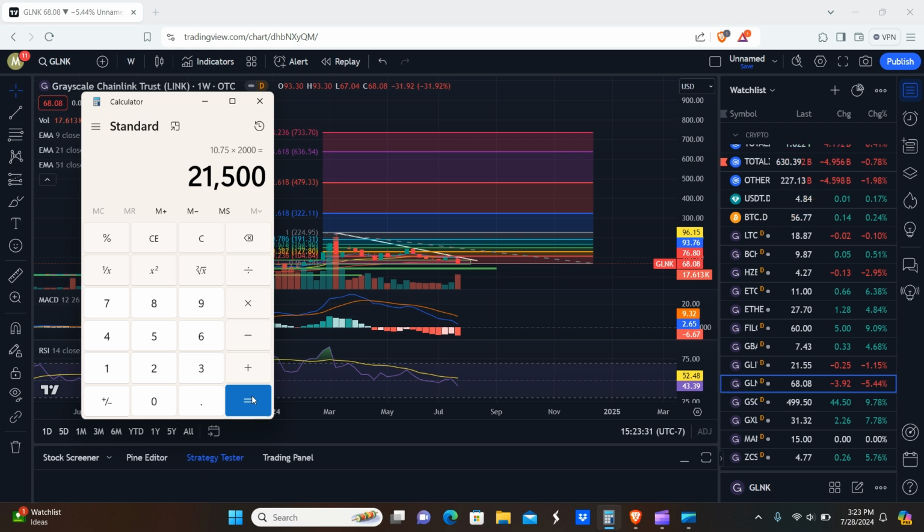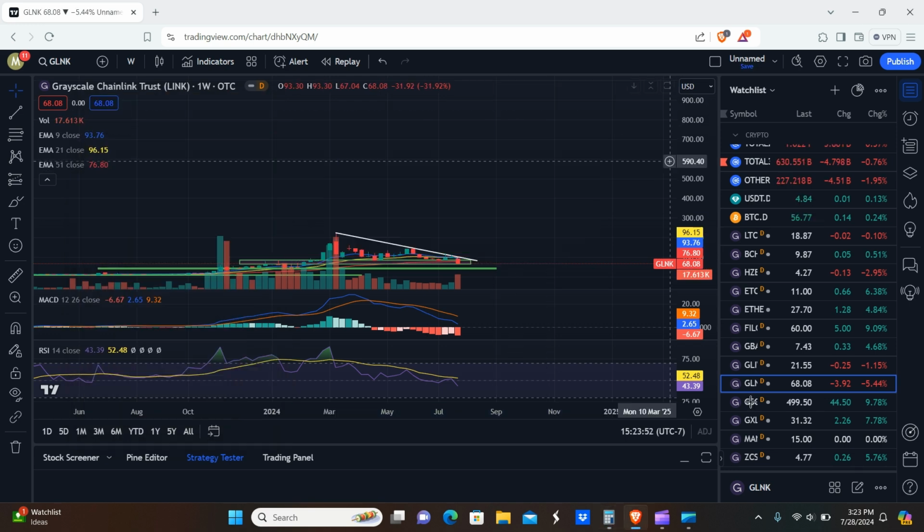If they even do a Solana ETF, I don't think they're going to go above and beyond that. And then they'll probably wait till the next bull market cycle to do maybe more of them. Once they're able to see if they're popular and they work, and once some time of adoption has taken place, they might look at other altcoins to do ETFs for. So 2,000 or 21,500 here.